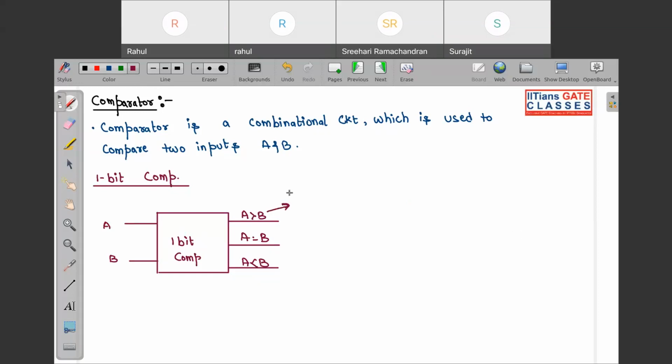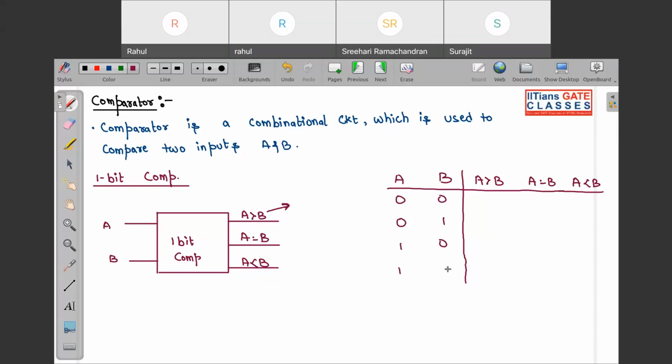If I have A and B, the output can be three: either A greater than B, A equal to B, or A less than B. As this is a single bit number, in this case A equal to B, so this output will be 1 and the rest of the outputs are going to be 0.